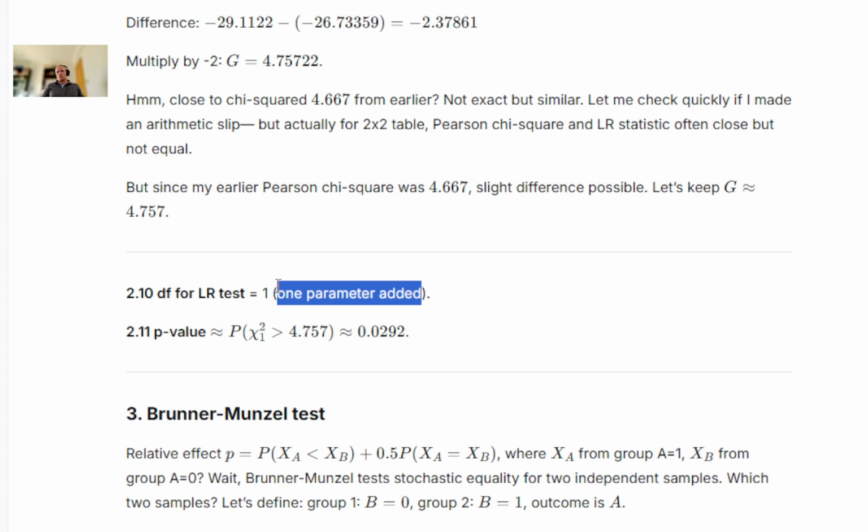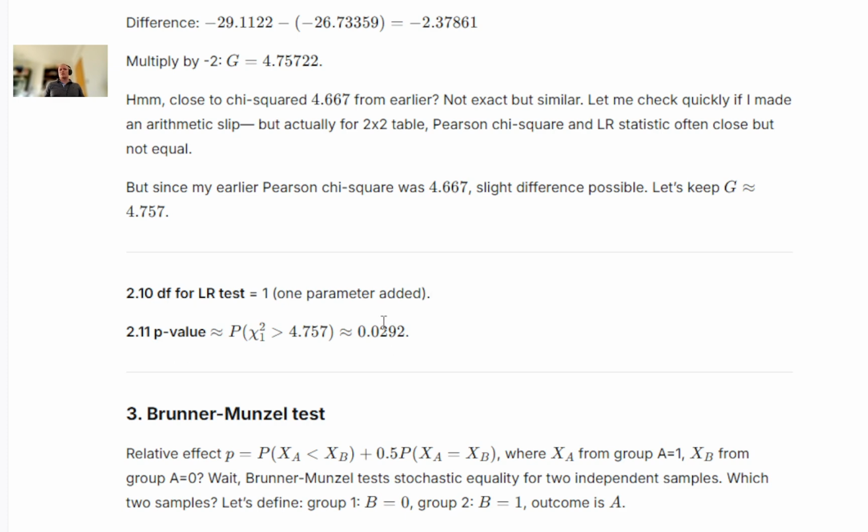And here it puts between parentheses why it is a df of 1, namely you add only one parameter. Actually, it's one parameter in this case because B is a dummy variable, and of course that means it's a 0-1 variable, so you add something with 2 categories, and that means 2 categories minus 1 means 1 degree of freedom.